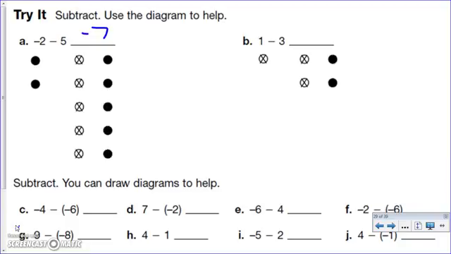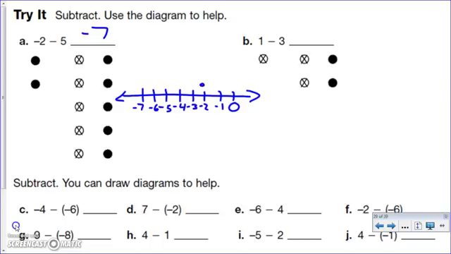If you do it on a number line, go ahead and draw your number line. I start at -2 here, and I'm taking away 5, so I'm subtracting. I'm going further away from 0 here. And that's how I end up at -7. For B, we've got 1 minus 3, so we're going to get -2.